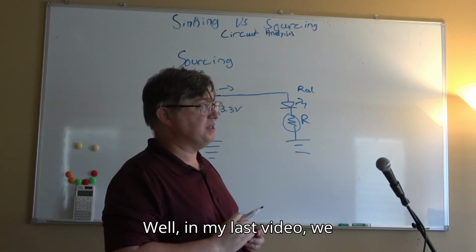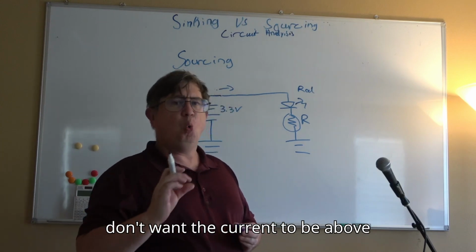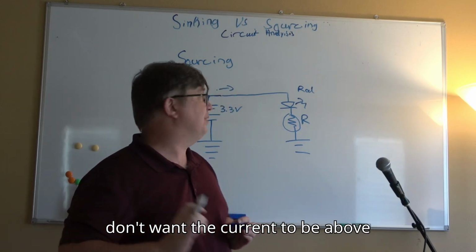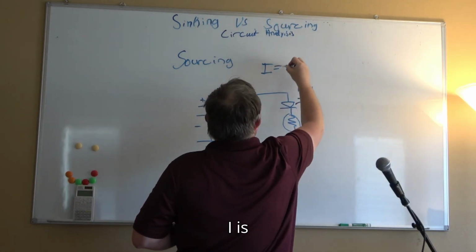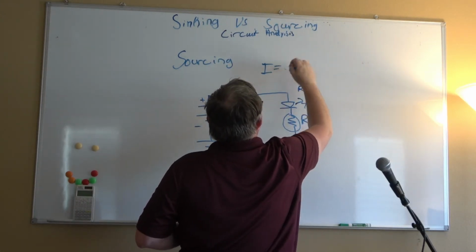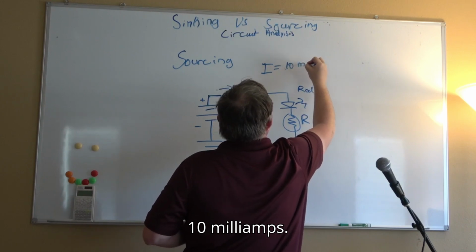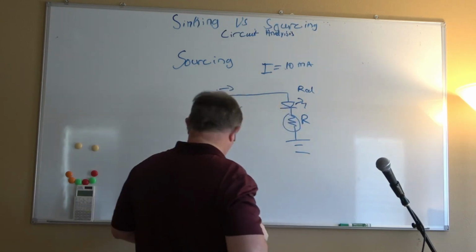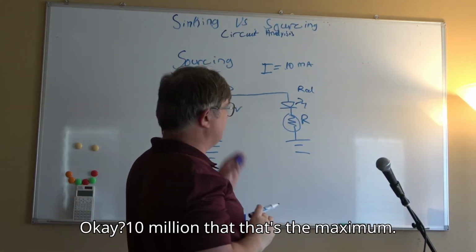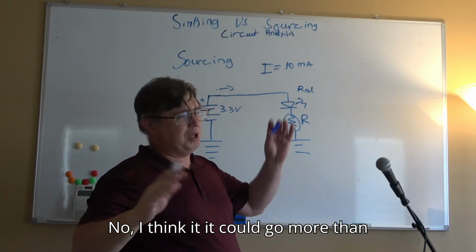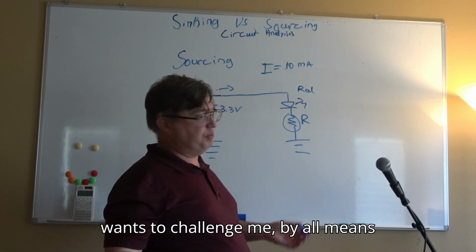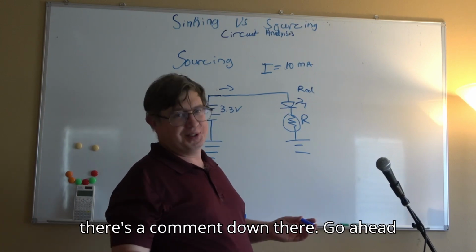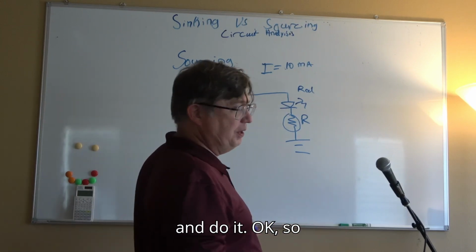Well, in my last video, we don't want the current to be above 10 milliamps. So the I is 10 milliamps, that's the maximum. No, I think it could go more than that, but I read 10. If someone wants to challenge me, by all means, there's a comment section down there. Go ahead and do it.